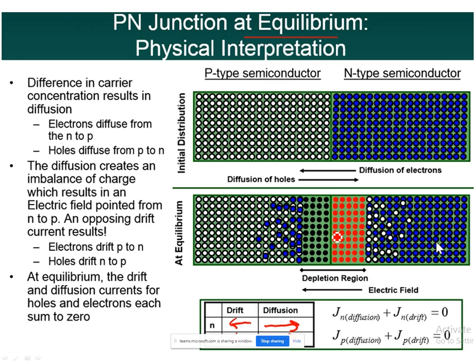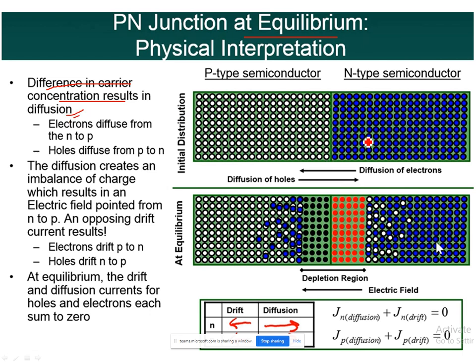Now what is equilibrium? To understand that, we have to understand some currents in the material, right? What we have seen in the previous slide is that a difference in carrier concentration results in diffusion, right?